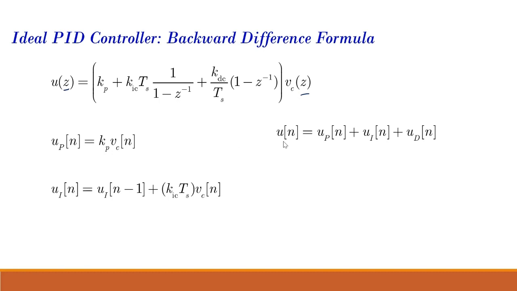My u of n, the control output at the nth instant, is divided into three parts: my proportional part, my integral part, and my derivative part. My proportional part is given by kp into v error of n. My integral part is given by ui of n minus 1 plus kic into ts into v error of n. And my derivative part is given by this equation.